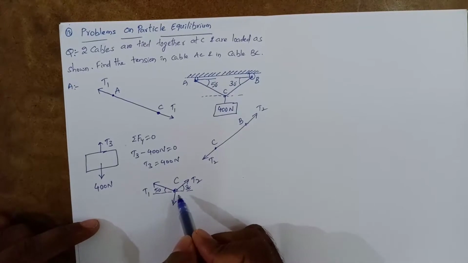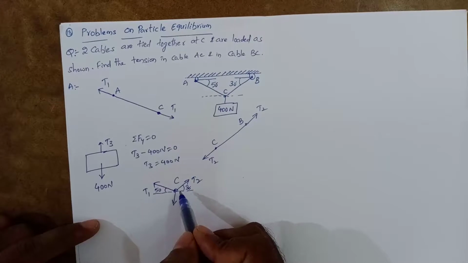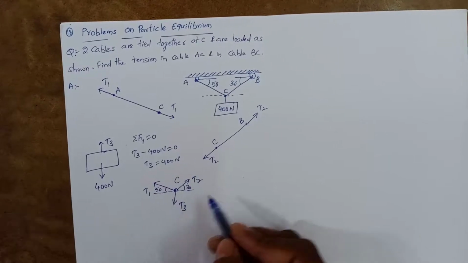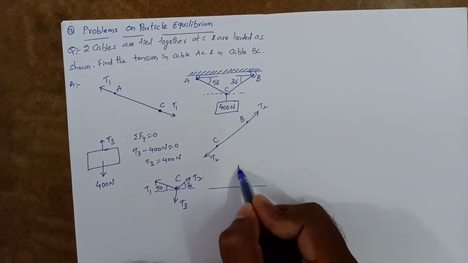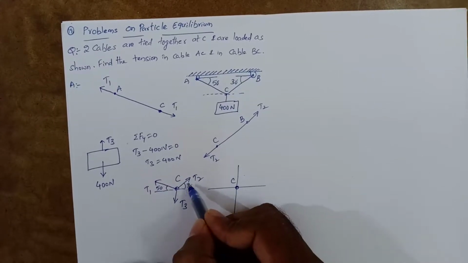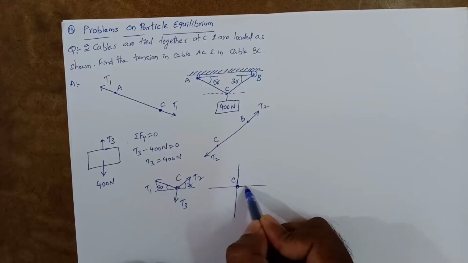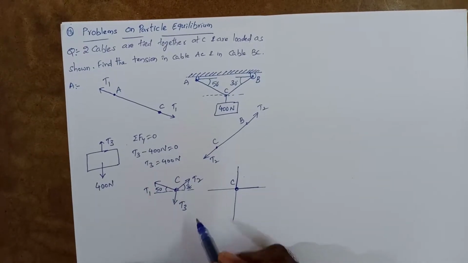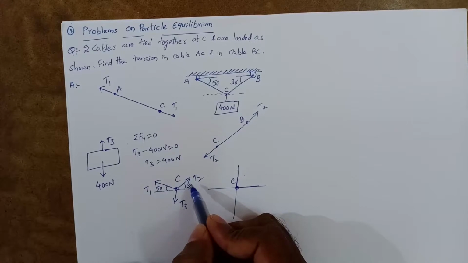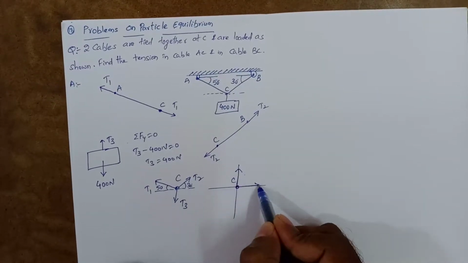Now coming to this, here we have T1, T2 inclined, so let us resolve this one. This point here is C. T2 is making an angle 30. Its two components are, one is this, another one is this, and T2 is acting away from this point C, so both the components also must act away.